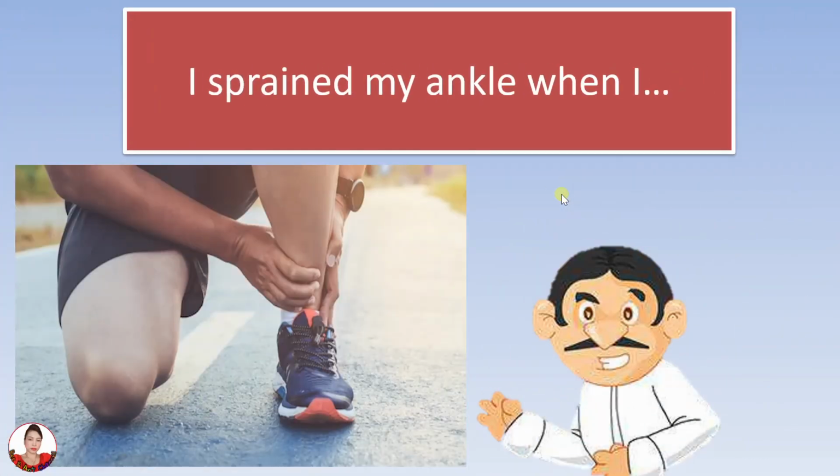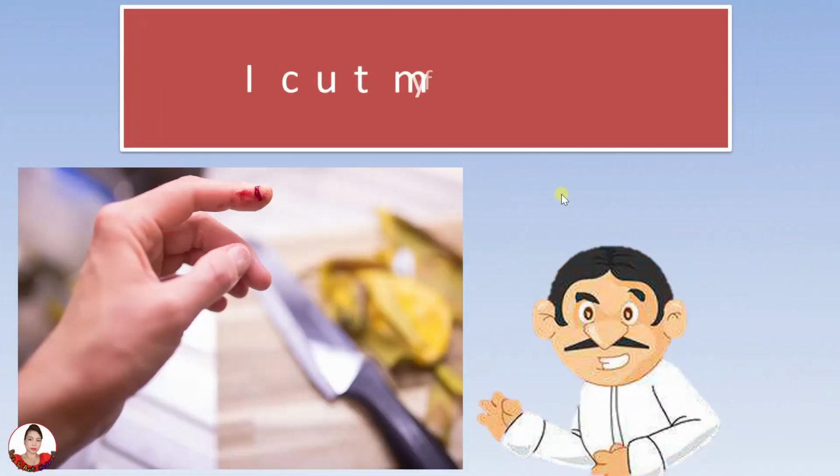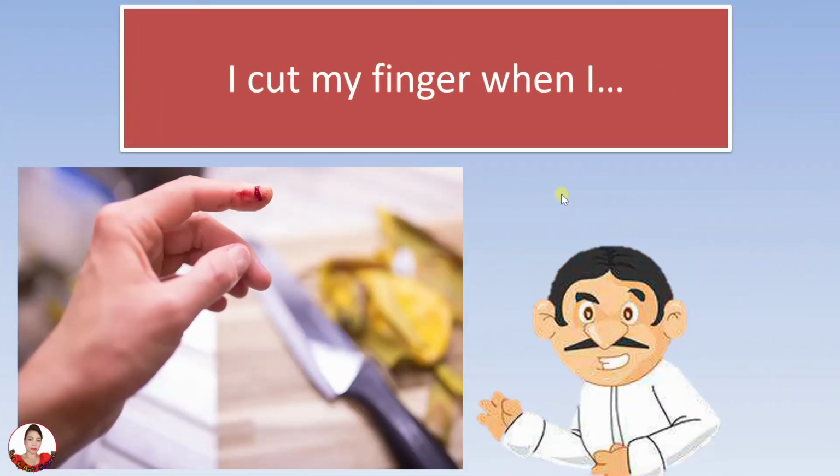I sprained my ankle when I... For example, I sprained my ankle when I was running yesterday morning. Now, try to answer yourself. I cut my finger when I was cooking dinner last Sunday.